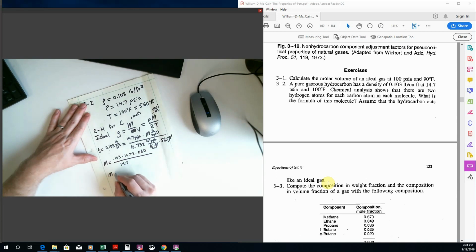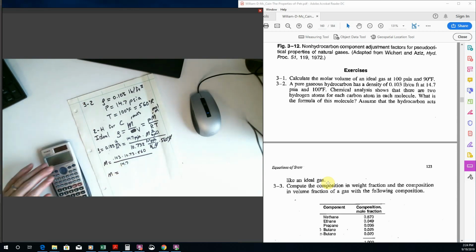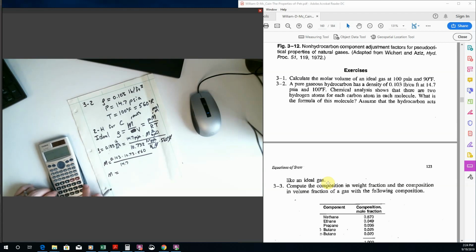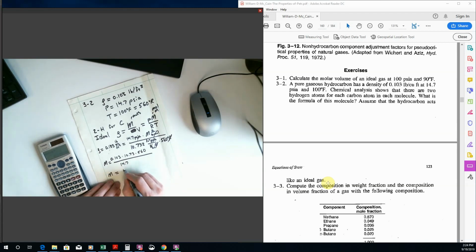Let's go to the calculator and punch this out. 0.103 times 10.732 times 560 divided by 14.7 equals 42.11 pounds per pound mole. Yeah, actually the pound mole shouldn't have been there, my fault.